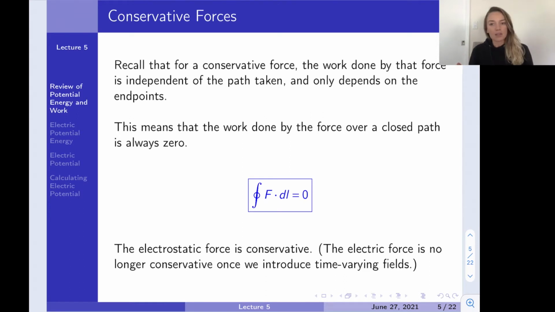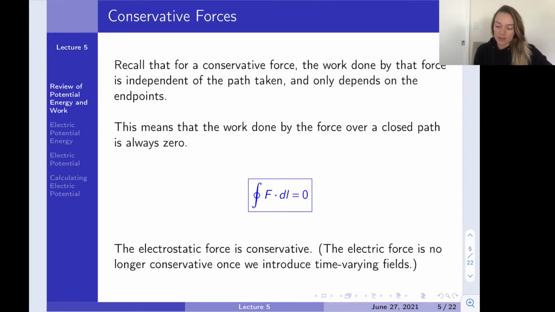So gravity is your classic conservative force, because if you have like a book or something and you move it from here to here, the work done only depends on your endpoints. It doesn't matter if you zigzagged it or whatever you did with it. The point is that it only matters your starting point and your end point. And all conservative forces are like that. Friction is an example of a non-conservative force, because friction, it does matter what path you take.